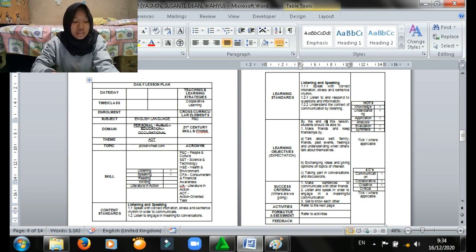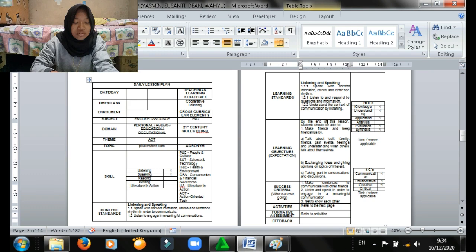The content standard of listening and speaking in this lesson plan is 1.1, students speak with correct intonation, stress, and sentence rhythm in order to communicate, and 1.2, students listen to engage in meaningful conversation. We also have the learning standards in this lesson plan. First is to speak with correct intonation, stress, and sentence rhythm.